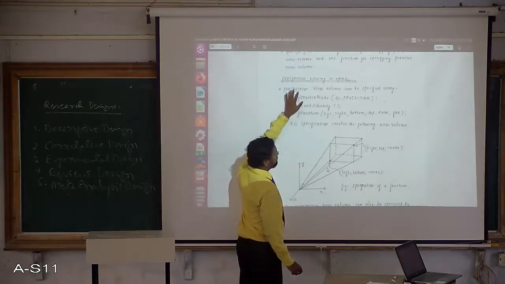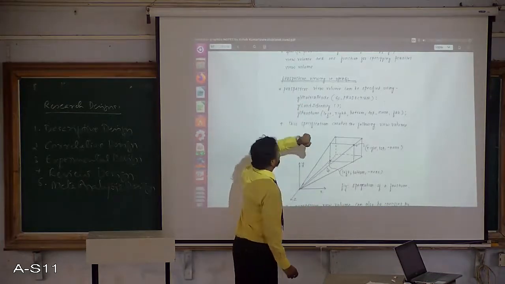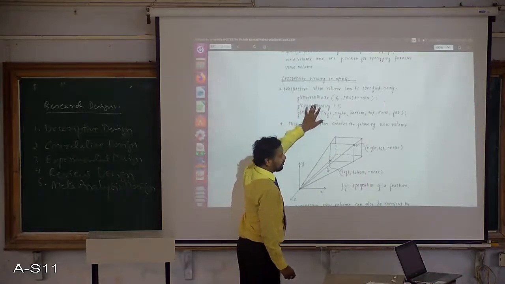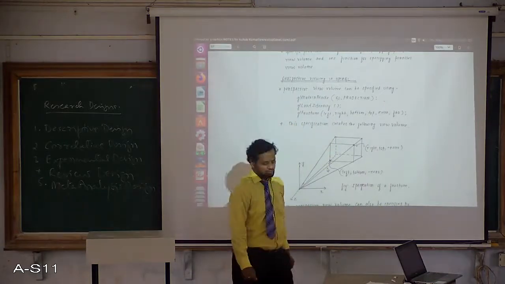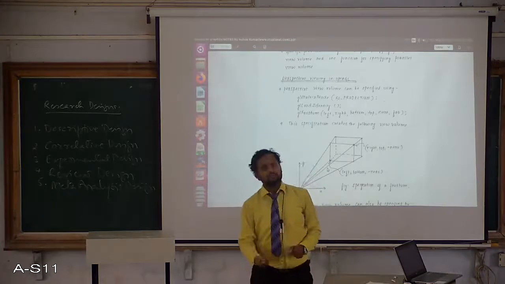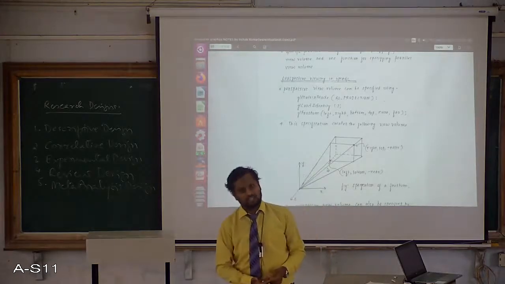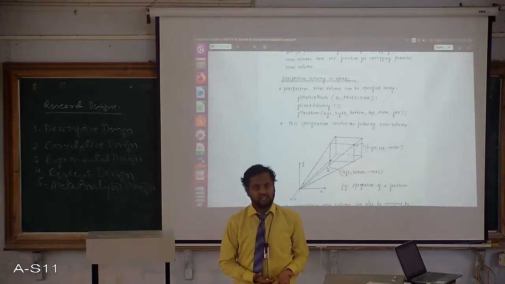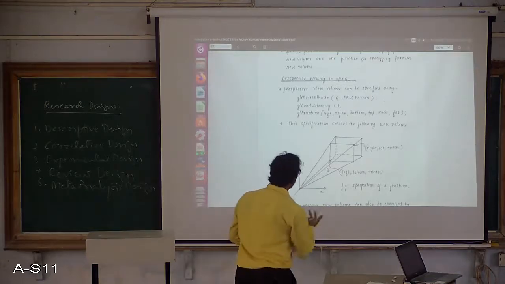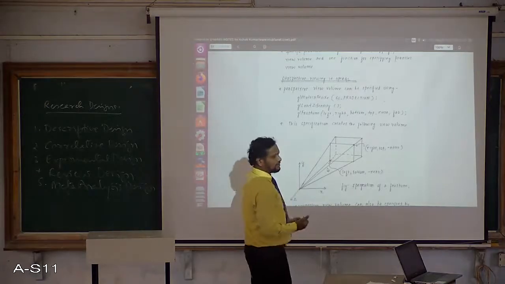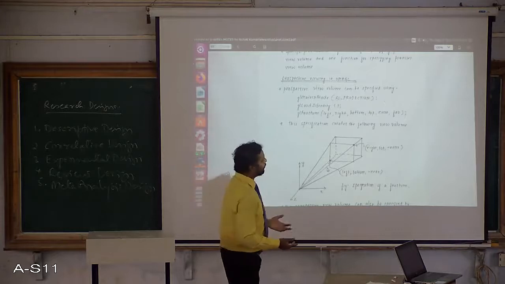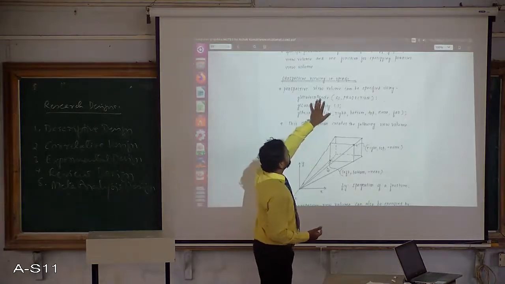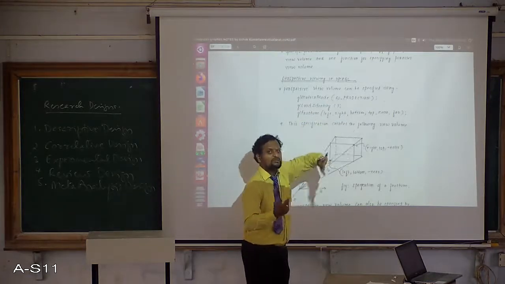The perspective view volume can be specified using glMatrixMode(GL_PROJECTION), because now you are supposed to project. So you need to set that specific mode.